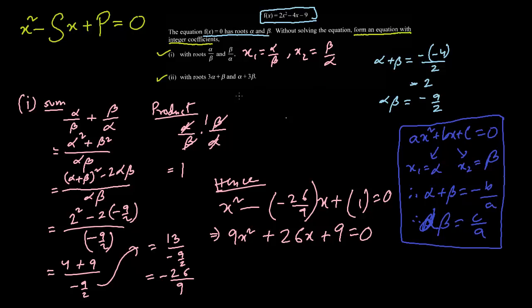Now the next one here, the roots are given. We have one of the root is 3 alpha plus beta, so x1 is 3 alpha plus beta, and the other root is alpha plus 3 beta, so alpha plus 3 beta. So the idea is to form a quadratic equation whose roots are these.